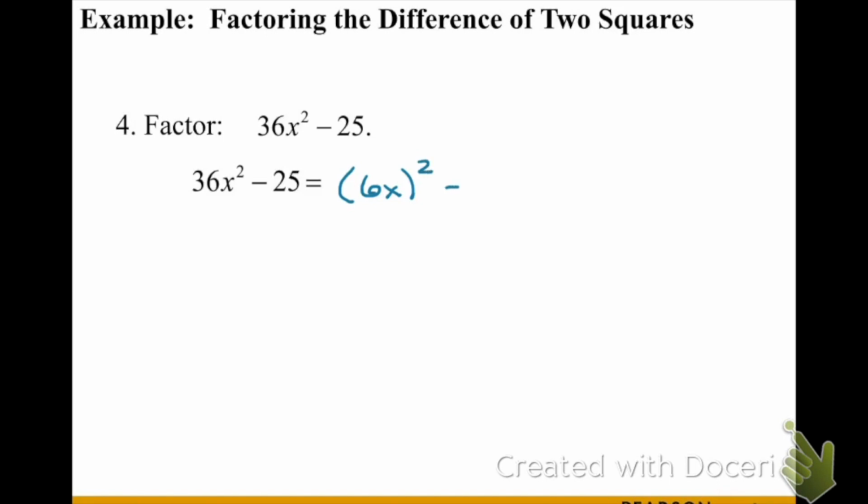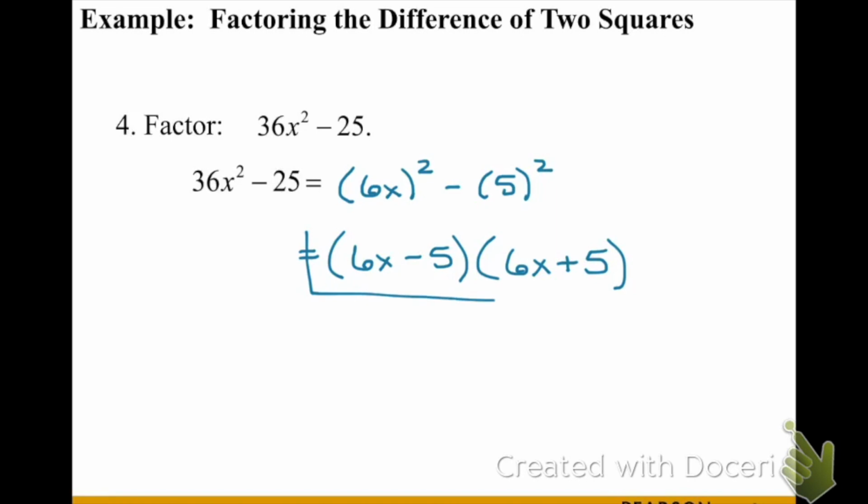So we can rewrite this as 6x squared minus 5 squared. And so this is a difference of squares, which means we can rewrite our factors as 6x minus 5 and 6x plus 5. Another way of thinking of it is as the square root of each term, but with a difference in signs.